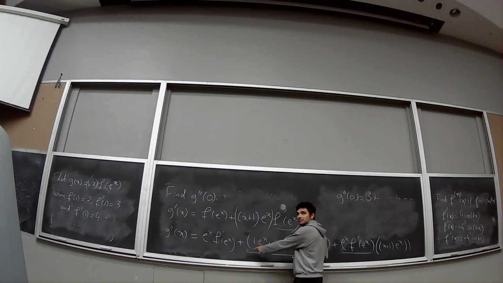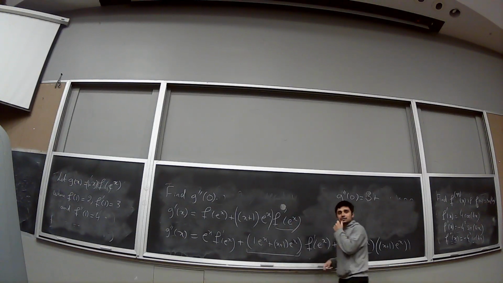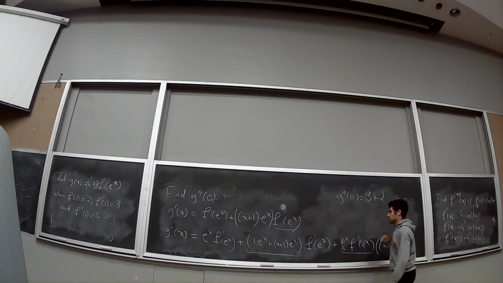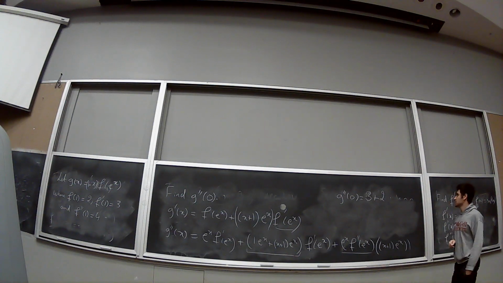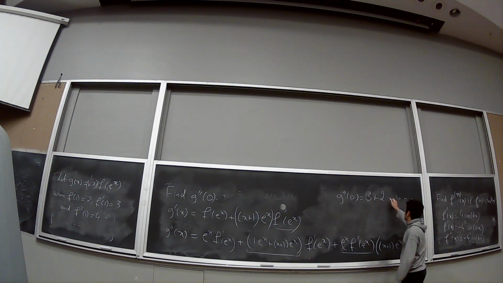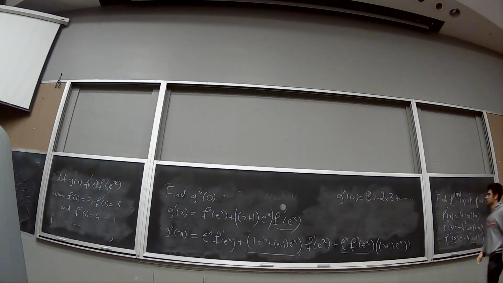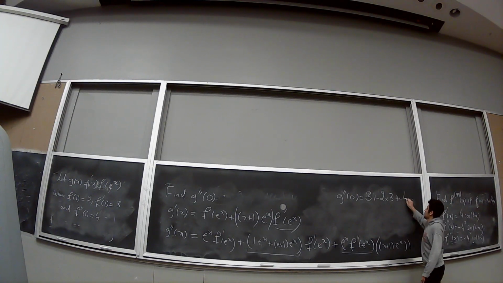What do you get? 1 here and 1 here. Yeah. So you get 2. Plus 2, f prime of 0. What is f prime of 0? 3. Plus 1, f double prime of 1. So it's 4. Times 1. You guys see this or not?